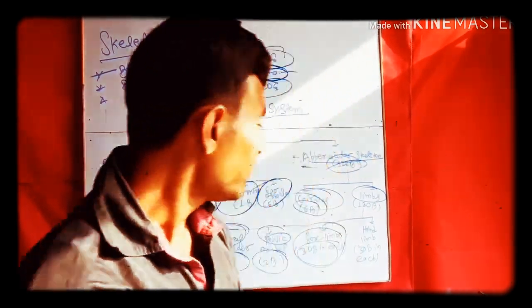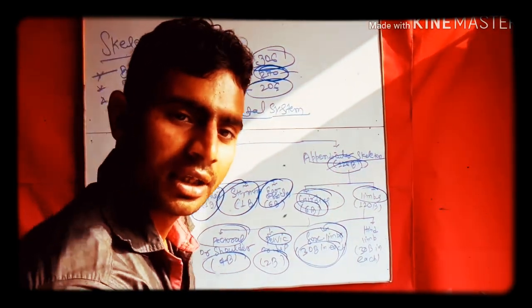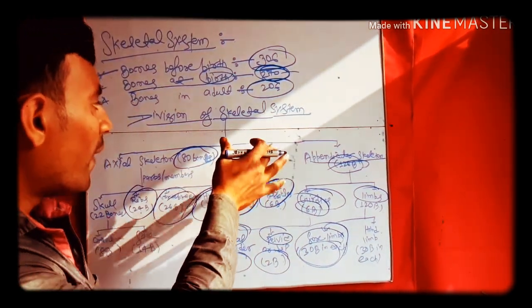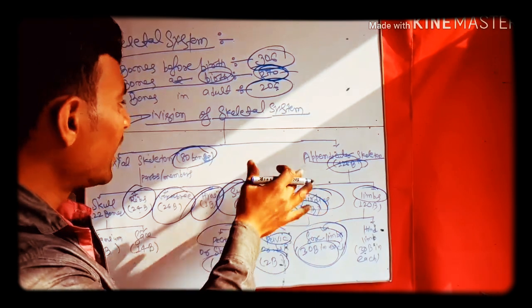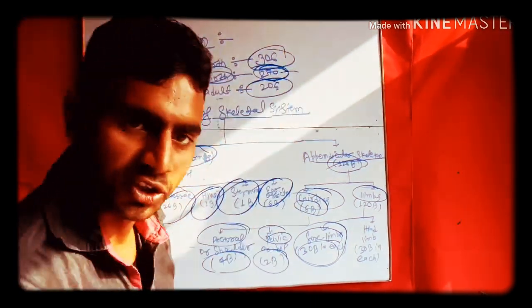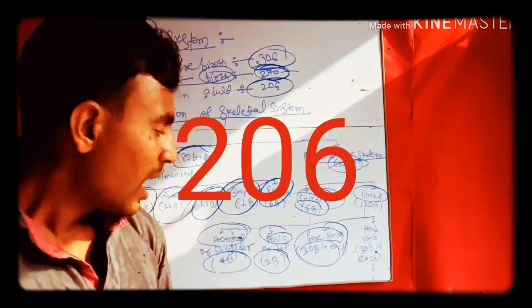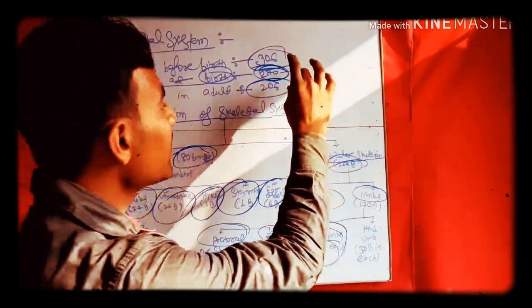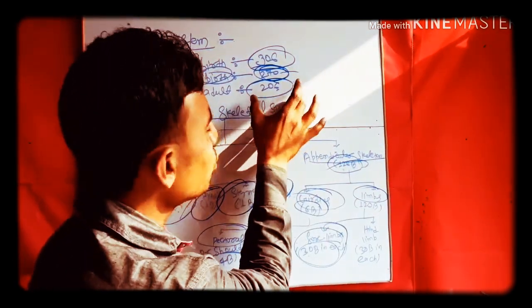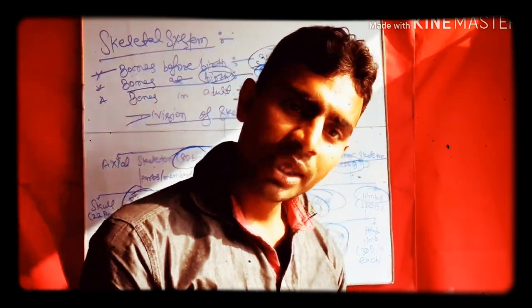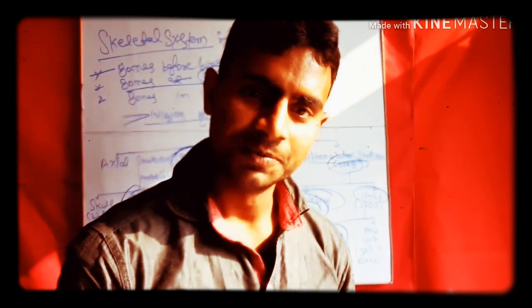So this is the complete number of bones, that is 206. And how this decreases and comes to 206 in an adult, we will tell you according to classes.